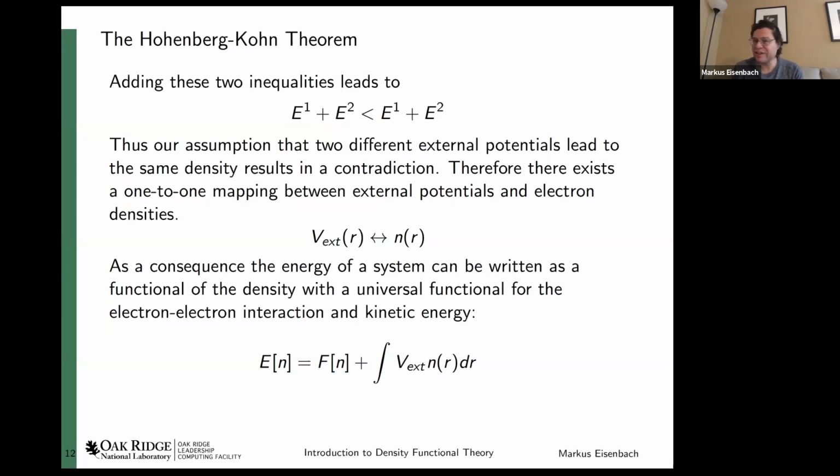So this is definitely a contradiction. So we cannot have two different external potentials that lead to the same density. So this basically proves the other direction in this bijection, and therefore we know that there's a one-to-one mapping between the external potential and the resulting charge density.